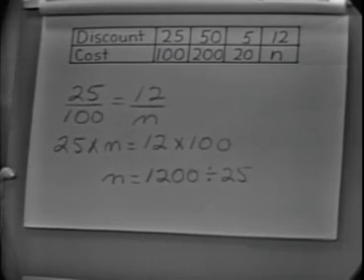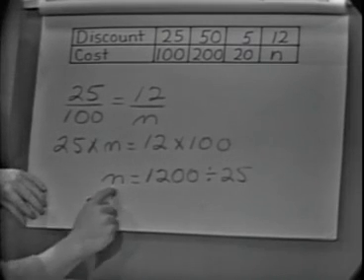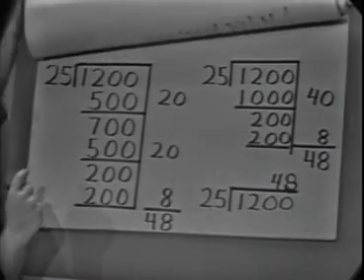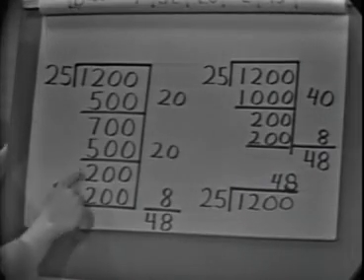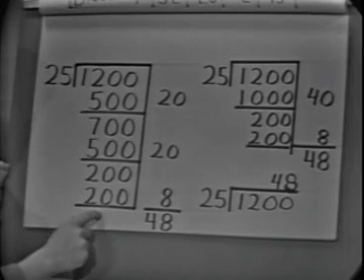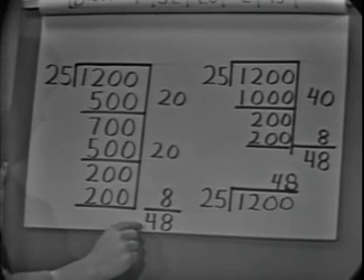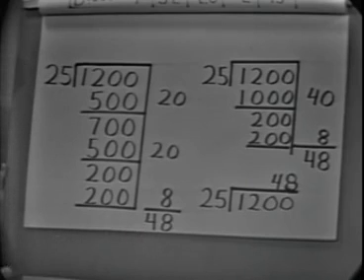We now use our division computation to determine what n would be. This will depend on the level of skill. Illustrations of procedures that we might use are given here. But regardless of what procedure is used, the solution is 48. We can use that to answer the question asked in our problem. The original cost of the coat: $48.